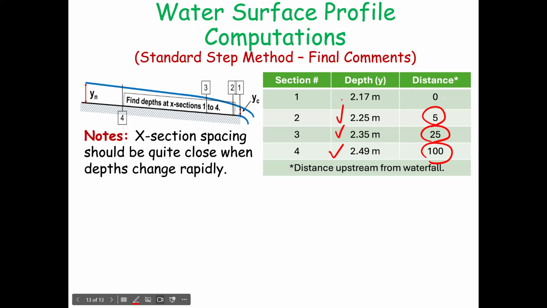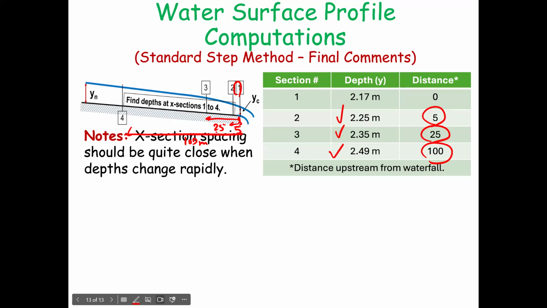So you can say that at point 1, I have y for 5 meter, for 25 meter, and also for 100 meter. I was able to find my y at each point. So again, to wrap it up, we have two ways.